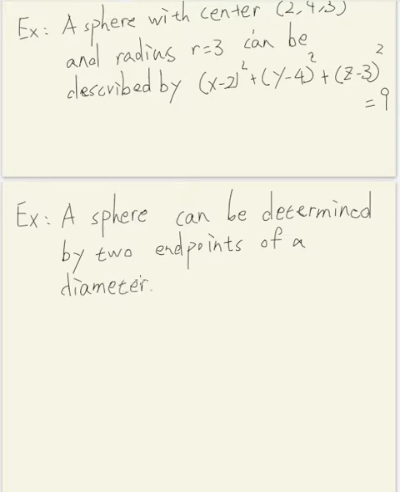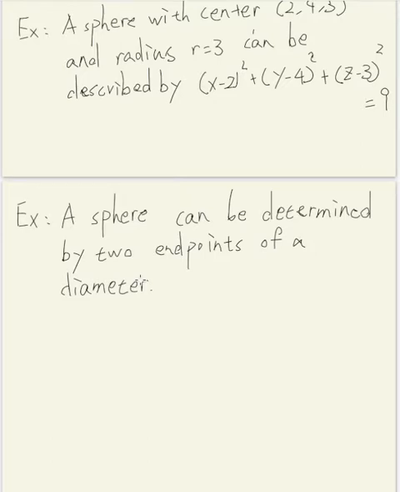Well, this is pretty straightforward because if you are given 2 arbitrary points, not necessarily endpoints of a diameter, and you connect these points to form a straight line, that line has no relationship with the center, right? You cannot tell what the center is just by looking at that straight line.